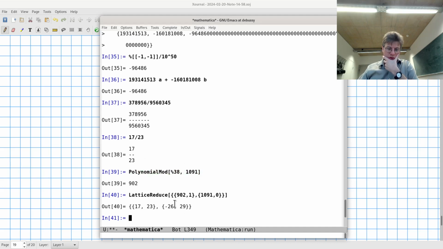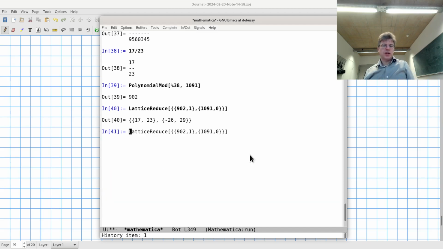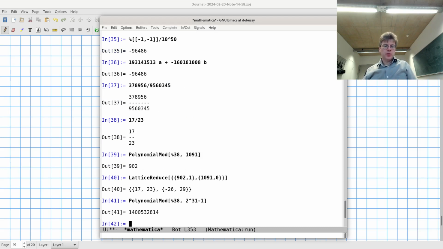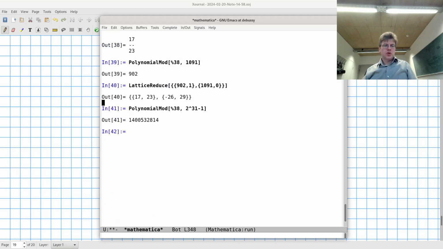And here I was very lucky because that one is not much longer than this. But that's also not surprising, because if you take the product of those two, then you actually get very close to this prime. If you want to have a more dramatic effect, then you have to choose a bigger prime. What would be a bigger prime? Maybe 2 to the 31 minus 1. That's a good prime.